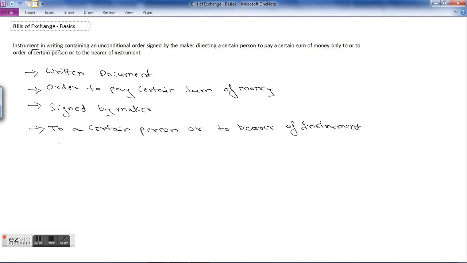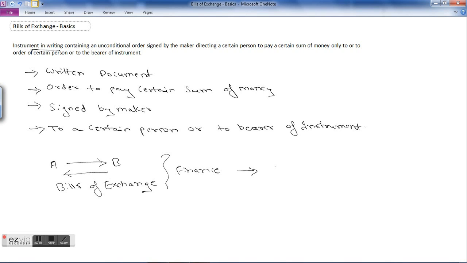Sometimes there is a mutual understanding in order to get finance. Two parties agree, for example A and B. There is no sale or purchase, but there is mutual consent and they form a bill of exchange just to get finance.